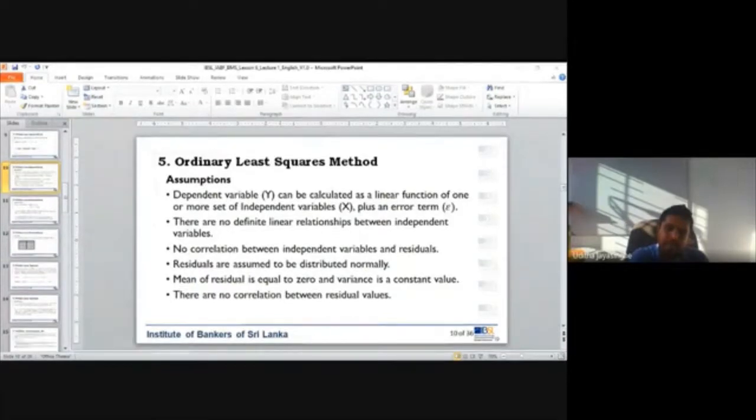You are going to find that those values also form a nice normal distribution. A nice normal distribution. What is this going to tell you? This is going to tell you that there is absolutely no other relationship between these residual values.